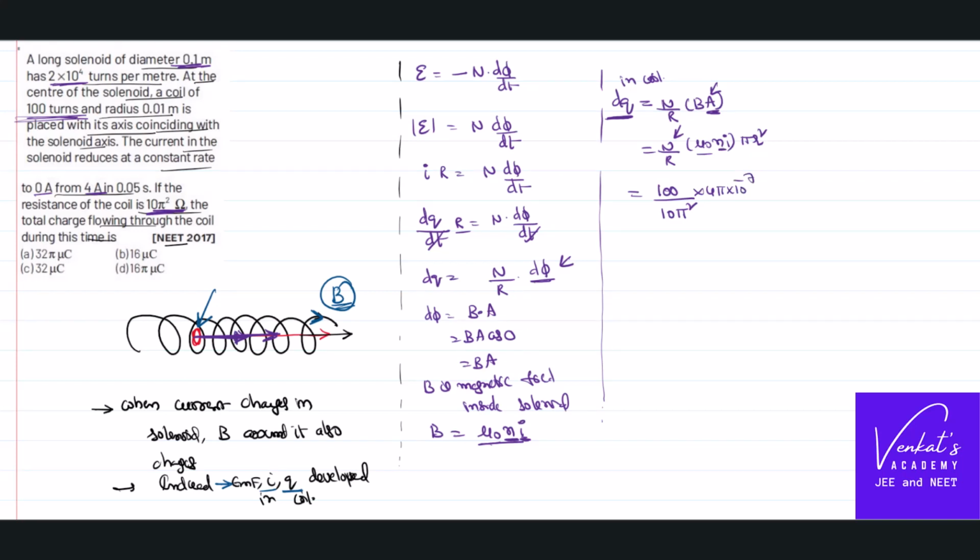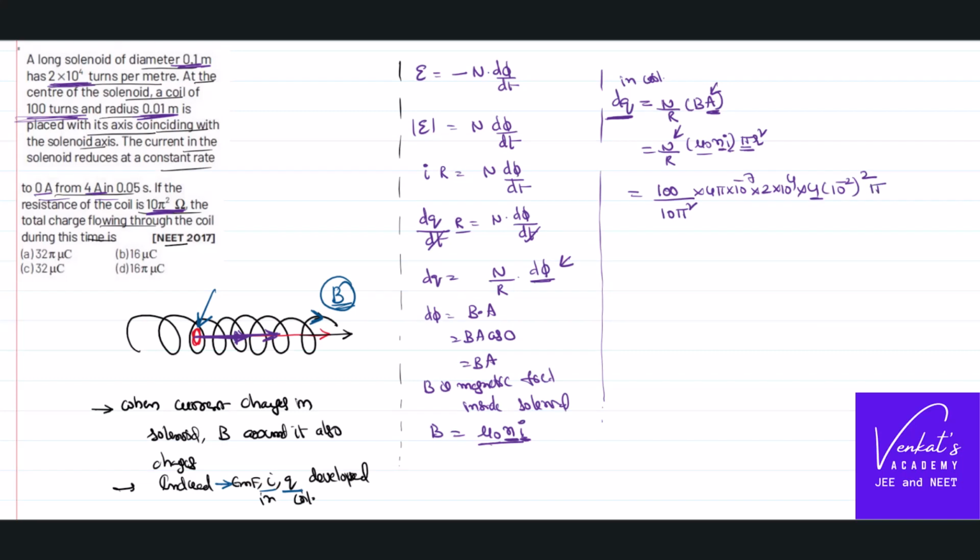The small n is the number of turns per unit length, given in the problem as 2 into 10 power 4. The current is changing from 0 to 4, so that is 4. The radius of that coil is 0.01, that is 10 power minus 2, whole square, and of course pi r square, I had forgotten that pi.